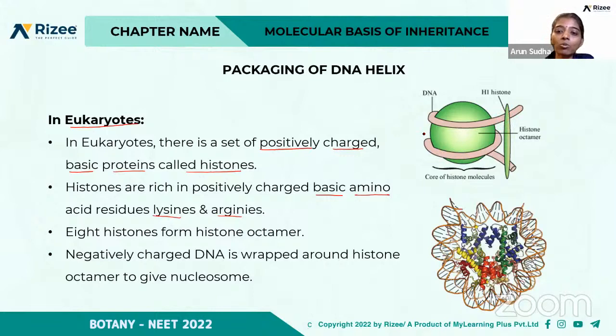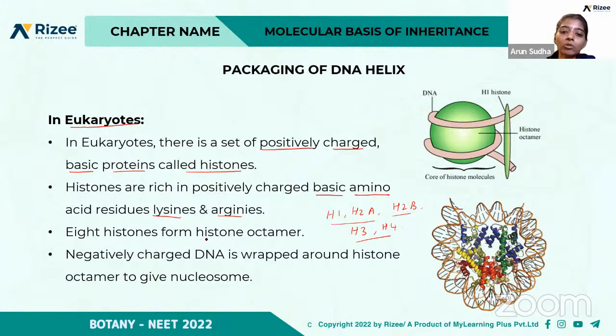And histones actually exist in 5 forms: H1, H2A, H2B, H3, and H4. So they exist in 5 forms, and they exist in pairs. So these 4, that is H2A, H2B, H3, and H4 pairs, that is 8 histones, right?